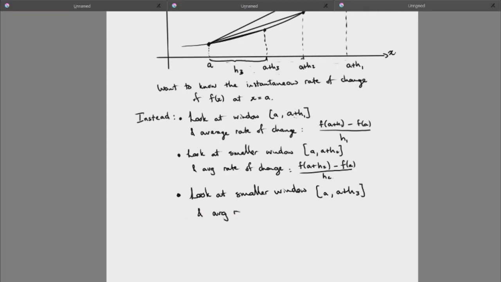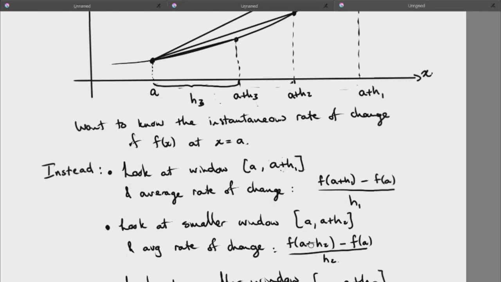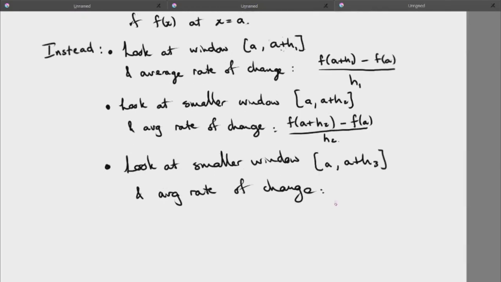It's the only thing I can do. I have a window. Average rate of change is then change in the y value, which is the later function value, and we start to see the pattern here. The h is the only thing that's changing, right? Okay.